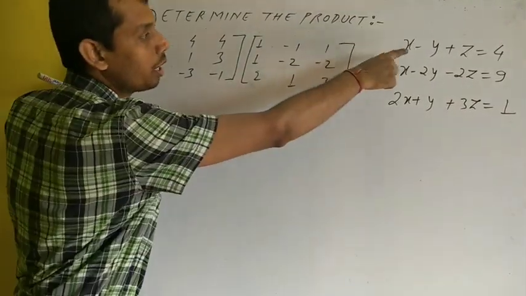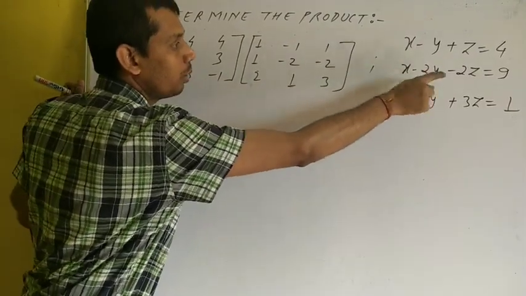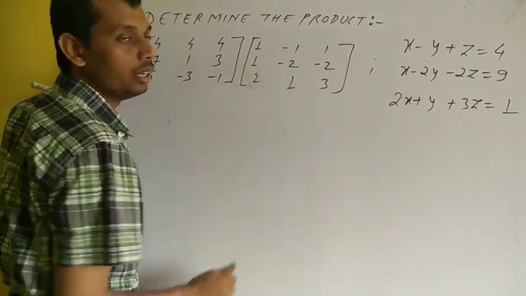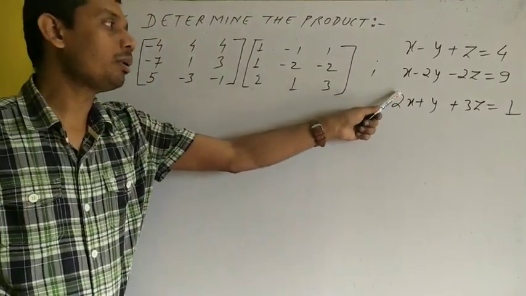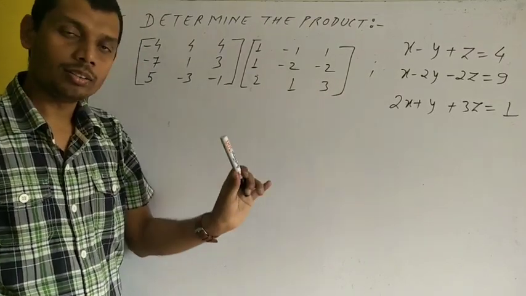The coefficient matrix is 1, minus 1, 1, 1, minus 2, minus 2, 2, 1, 3. This matrix and that matrix are the same.